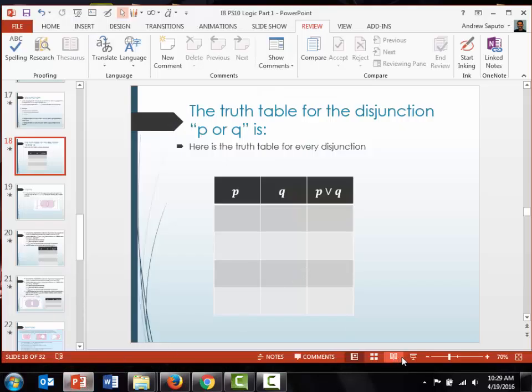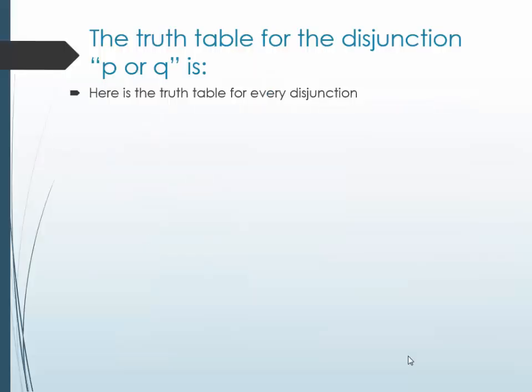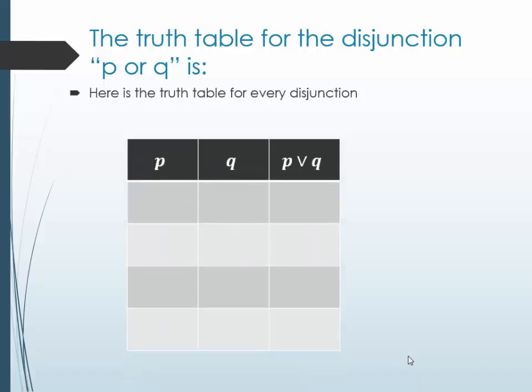Okay, let's begin. So we were talking about disjunction. So let's give it a go. Remember, we have these four common truth values for P and Q. And remember, they go in order: true, true, false, false, true, false, true, false.